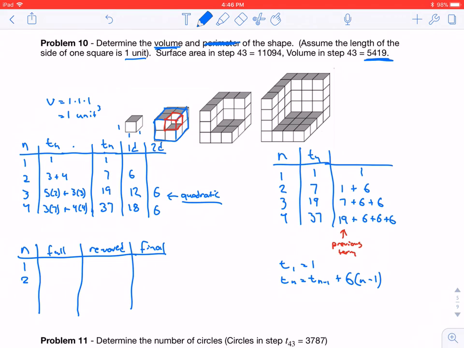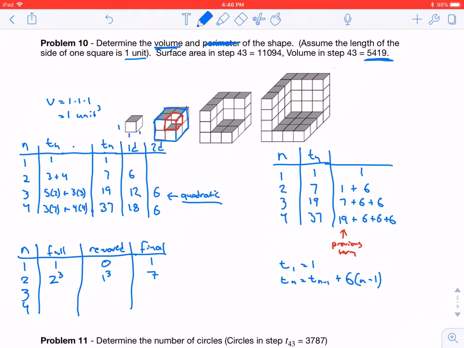We have 1, 2, 3, 4. The full is 1 in this case, the removed is 0, and the final is going to be 1, the full minus the removed. In the second case, the full would be 2 cubed, and the removed would be 1 cubed. And so that's going to be 8 minus 1, which would be 7.